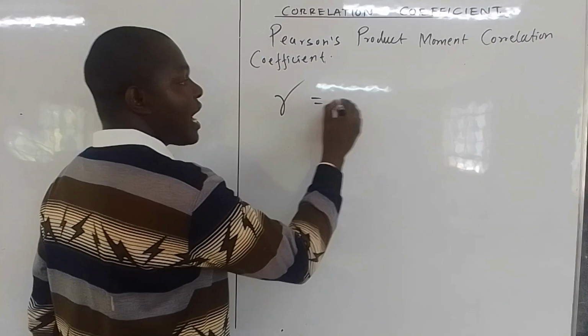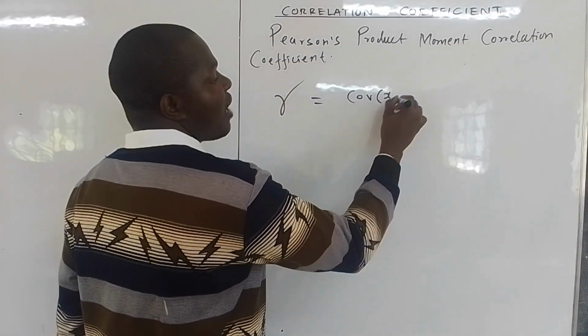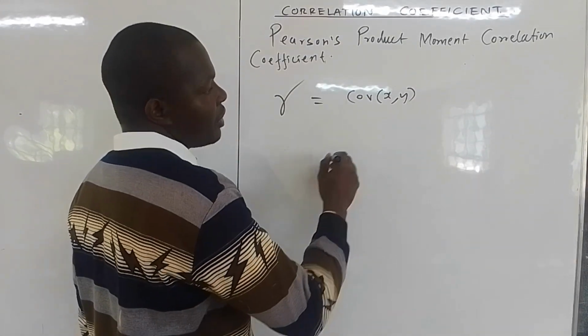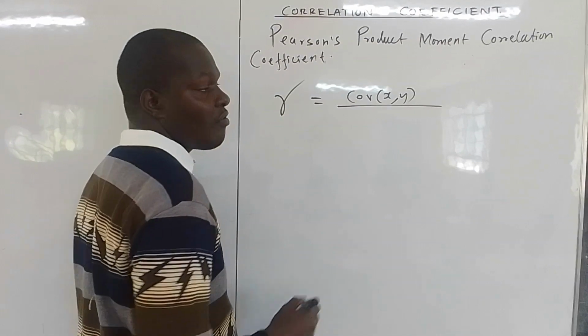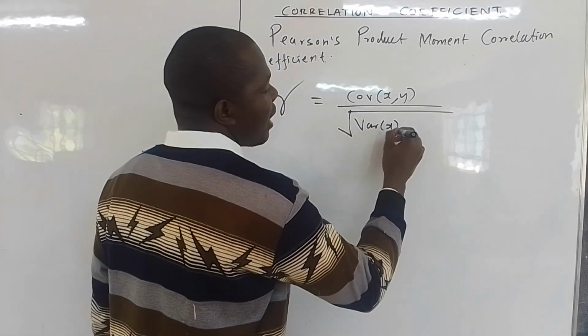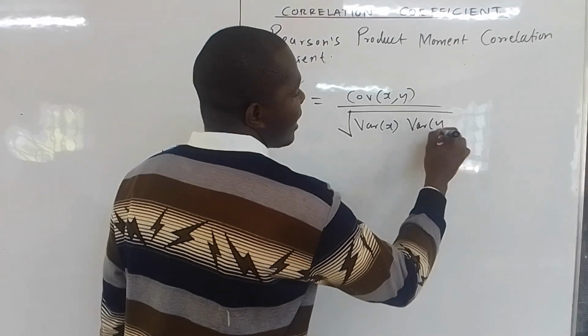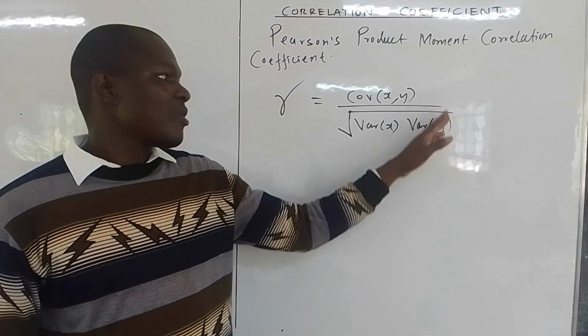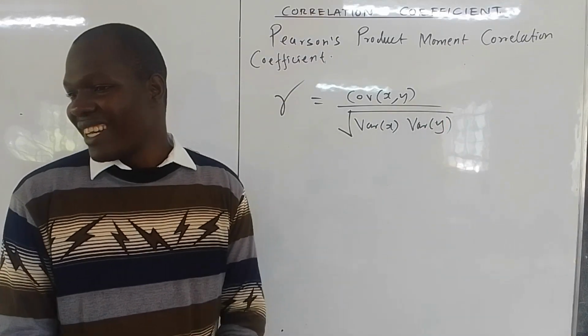And it is given by the covariance of xy over the square root of variance of x times variance of y. The square root of variance of x is the standard deviation of x, and the square root of variance of y is the standard deviation of y.